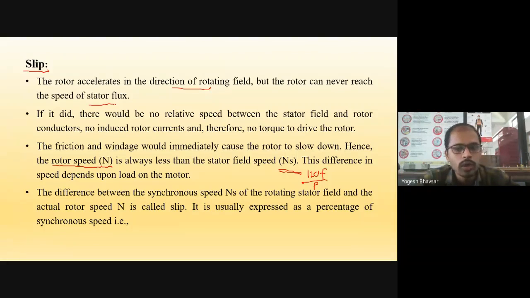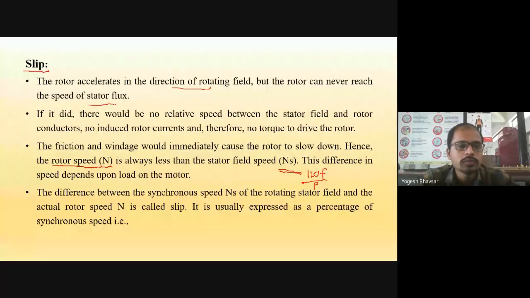Ns is equal to N, therefore the slip will be 0. At that time there will be no relative motion and the induced EMF in rotor conductors will be 0. As the induced EMF is 0, there will be no current, no torque developed, and the rotor speed slows down.